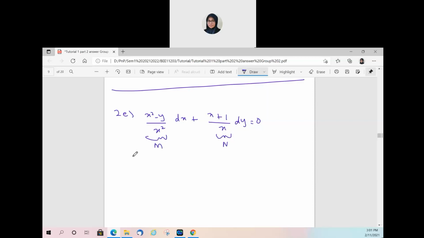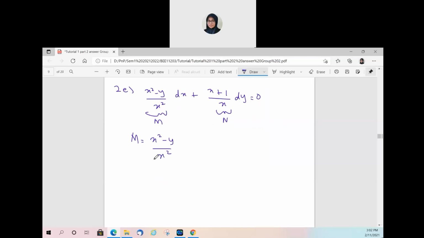Then your M is x squared minus y over x squared. To make it easy for differentiation, I split it up first: equals x squared over x squared minus y over x squared. Then this one equals 1 minus y x to the power of minus 2.